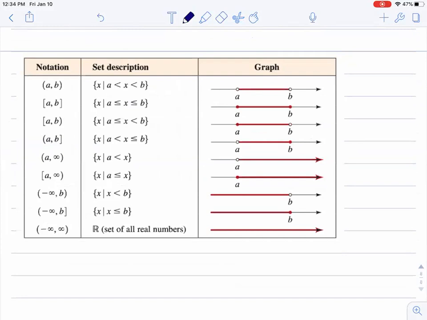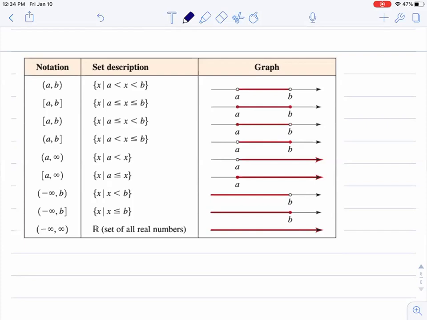So the interval from A to B. The round brackets are just saying I'm going to exclude the endpoints. And to show that on a graph, you would make empty circles, right? To show that it goes to this point, but not including that point. And then if you're going up to that point, remember, we use the square brackets, right? To show that it's including those points.